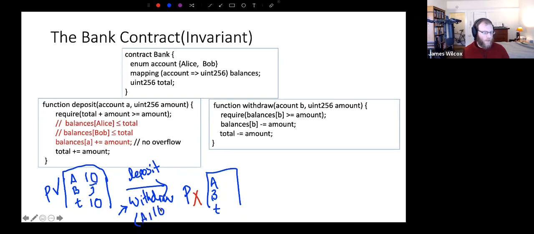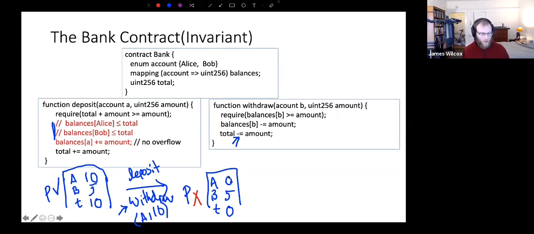If Alice withdrew 10, then we would be in a state where Alice's balance is 0. Withdraw decrements total, so total would be 0, and Bob's balance would still be 5. And now Bob's balance is strictly greater than the total. Even though we started in a state that satisfied these two properties, we ended in a state that violated them.